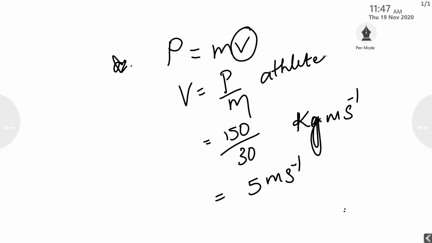So the answer is: to gain the momentum, so that he may jump higher.